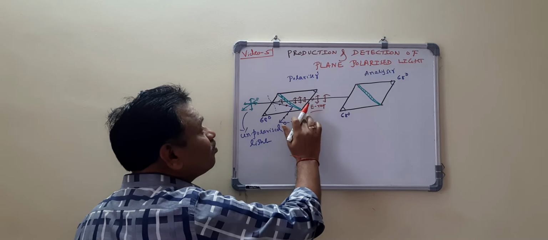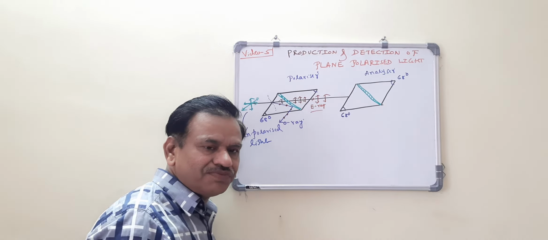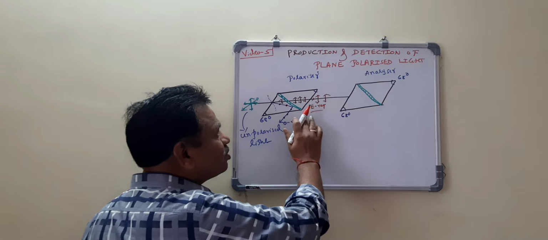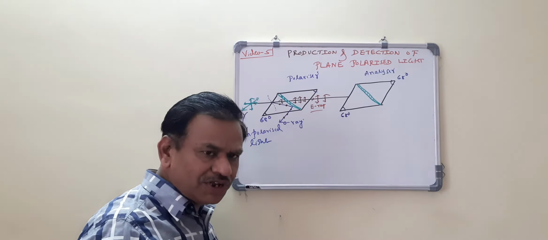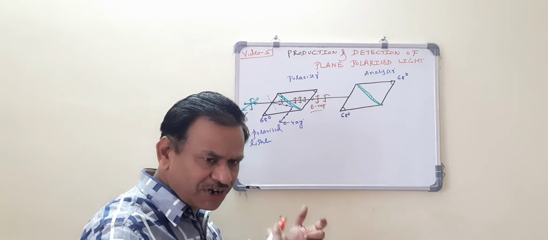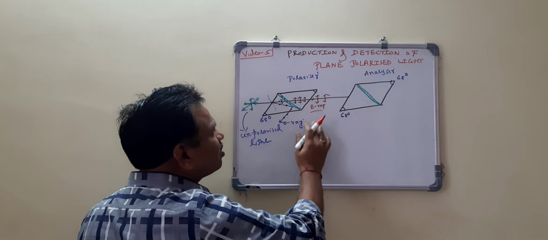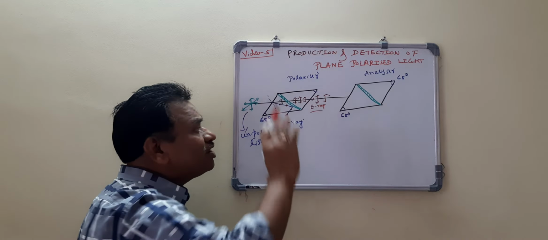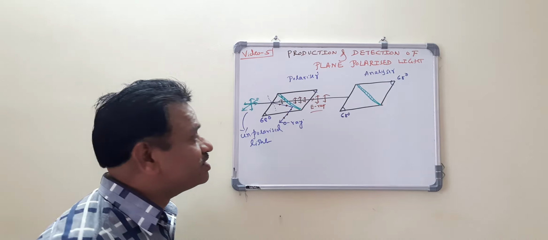That's why it is called the polarizer. The polarizer is the one by which we can obtain only one set of vibrations, in one particular direction, parallel to the principal section of the prism.